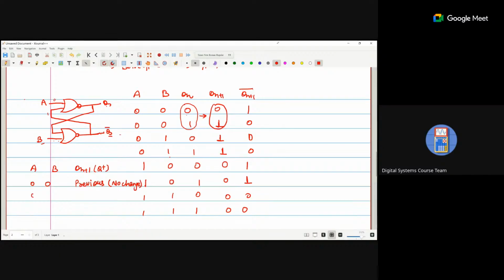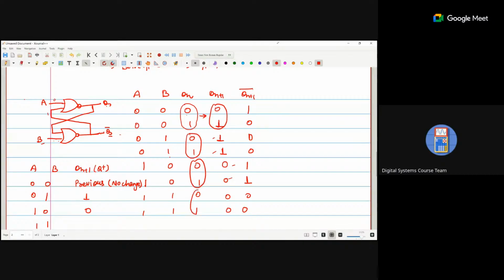Okay. When 0, 1, your previous output is 0, 0, but you are getting 1, 0. Your previous output is this one, but now you are getting 1, 1. Okay.